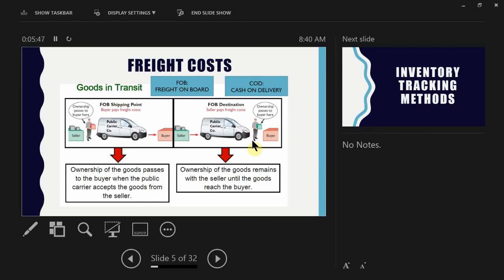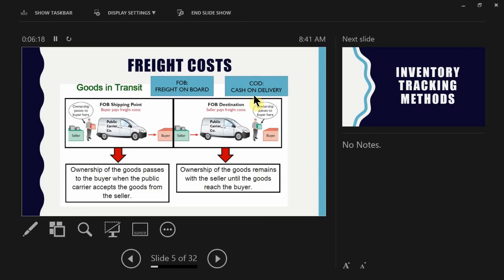So two things that you need to know is, what does FOB mean? FOB means freight on board. Typically, freight on board are usually things that you pay separate shipping and handling for. Okay, and you have a few options here. It could be a separate shipping company that charges you, or it could also be something that you could be billed for. Okay.